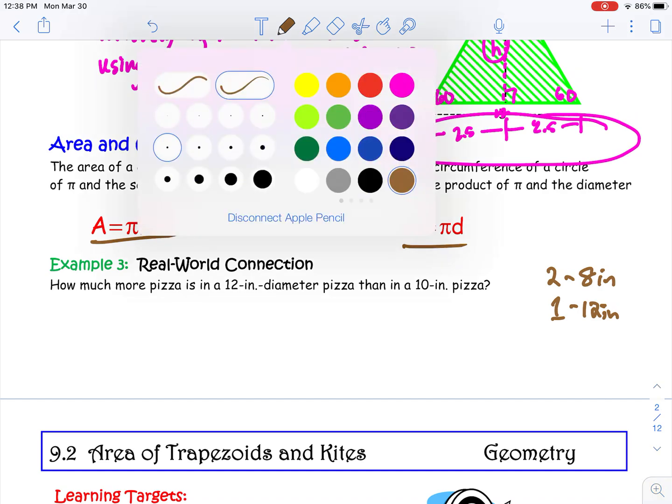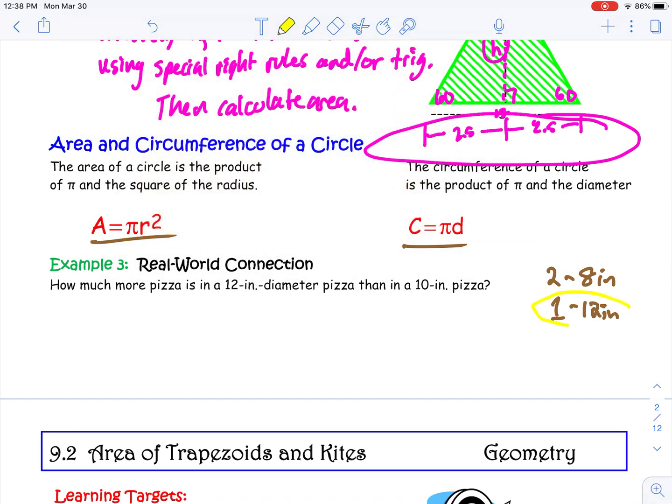If you actually do the math, it turns out that it's actually more pizza to buy one 12-inch pizza than two 8-inch. Not only because you save space on the crust, but because the pizza itself is that much bigger. And again, the reason for that is that the area of a circle is dependent on the square of the radius. So any increase in the radius increases the size by an even larger degree.